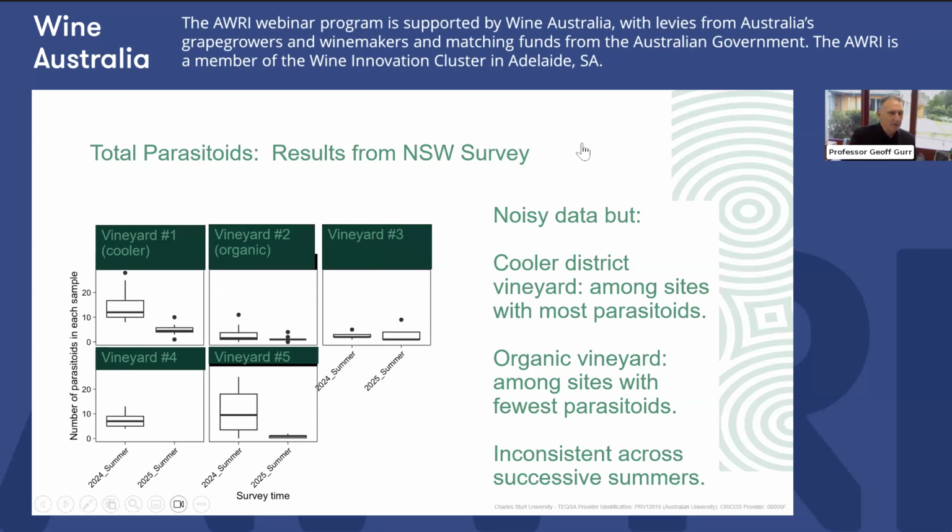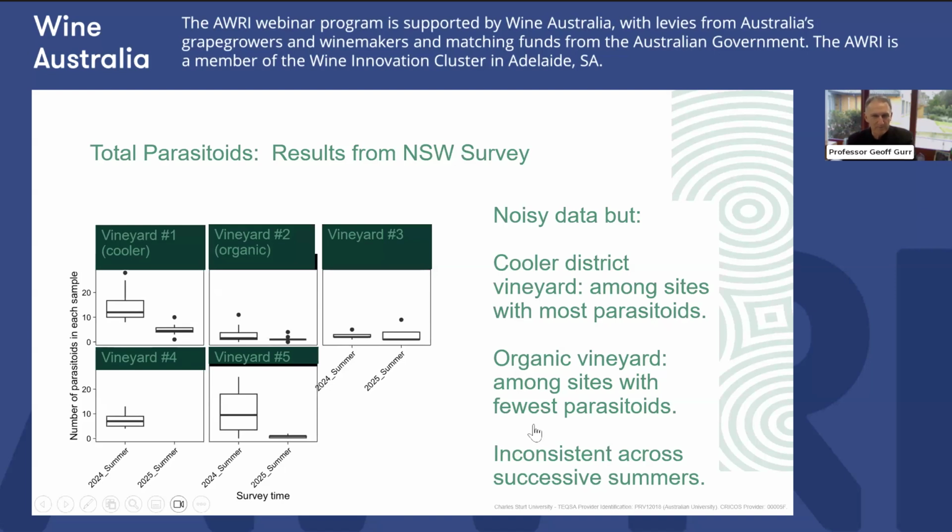And I'm showing them here for 5 of the vineyards and for the summer sampling periods. This sampling wasn't done in the winter. Again, we're seeing relatively noisy data, but it's clear that the cooler district vineyard was amongst the sites with the most parasitoids. And the organic vineyard, which is this little panel here, was amongst those with relatively few parasitoids present.